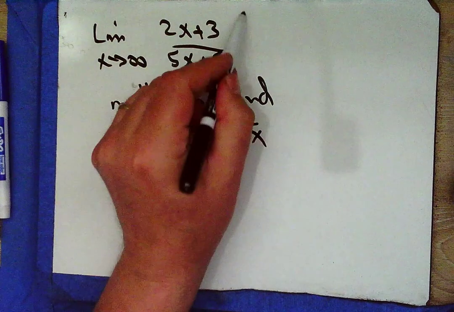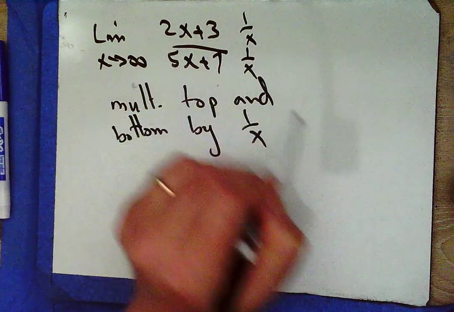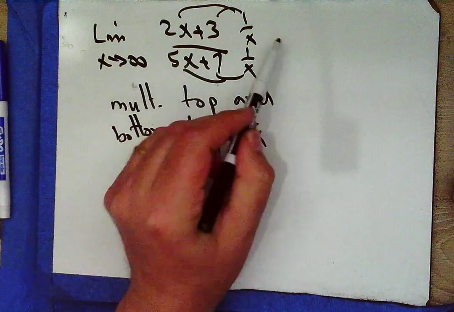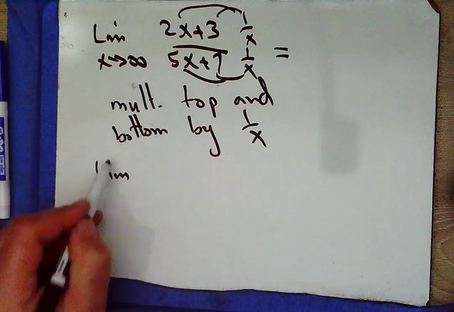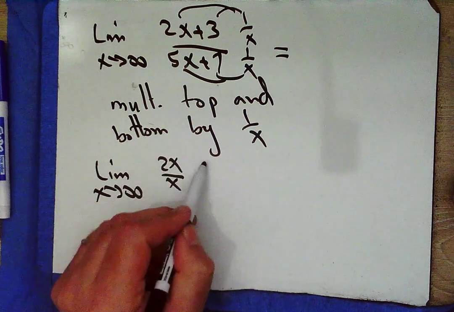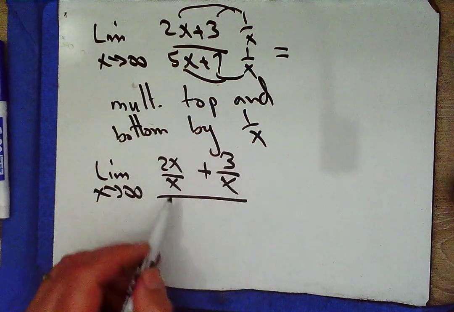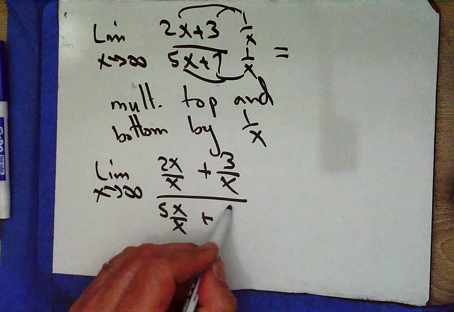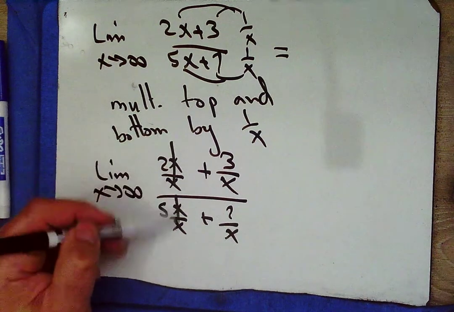So, if I multiply over here by 1 over x and here by 1 over x, and then I distribute, what do I get? Well, I'm going to have the limit as x approaches infinity of 2x over x plus 3 over x over 5x over x plus 7 over x. Now I can definitely simplify here.